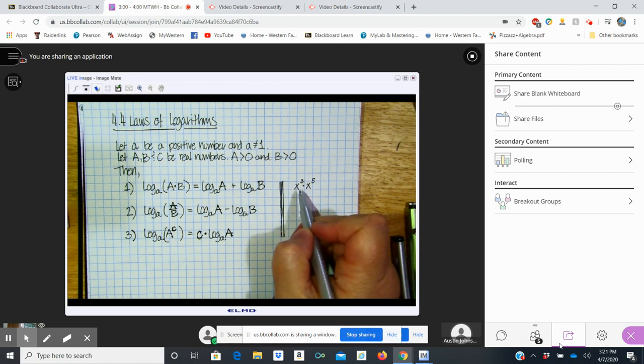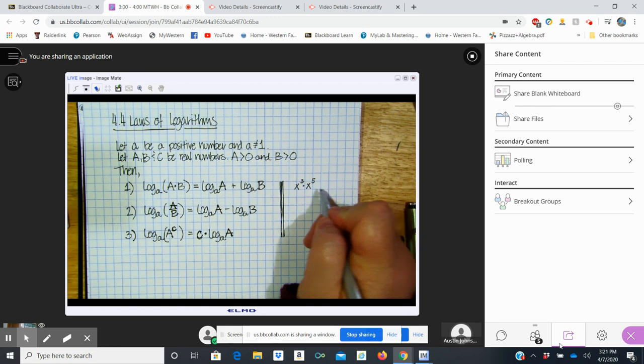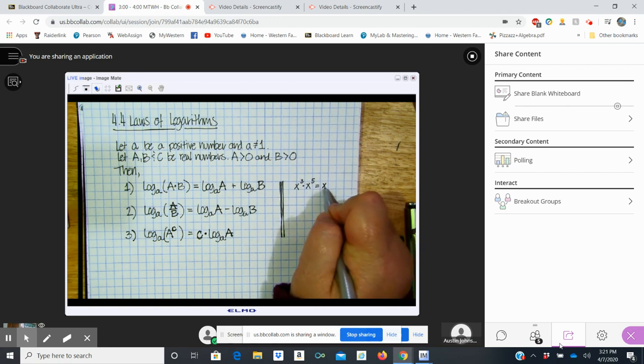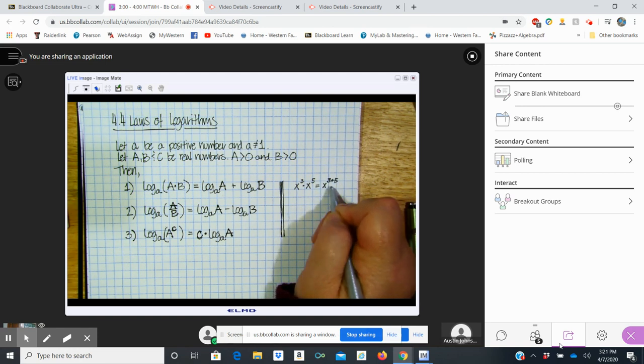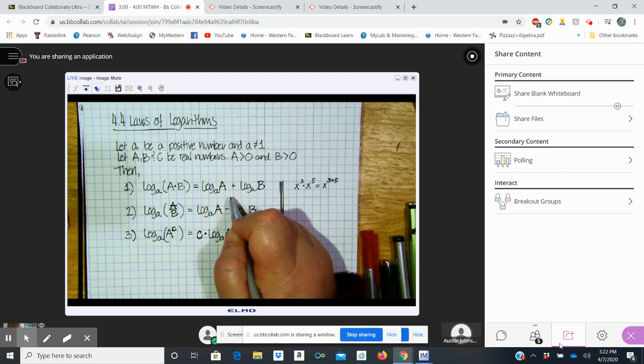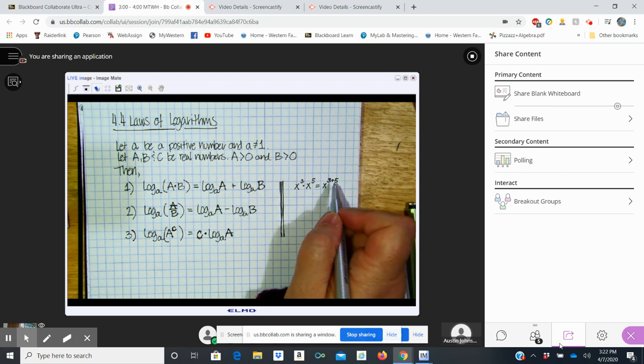This rule actually comes or is derived from what happens when you have, let's say, x to the third times x to the fifth. This is the same as x to the 3 plus 5, right? Where you're adding them.